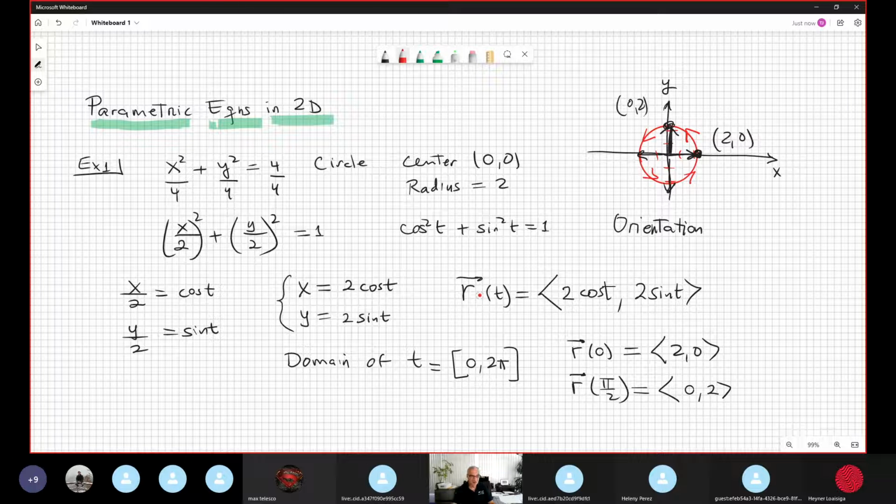The reason I defined this with cosine first is not because I like it, but so you can define it in different orders. You interchange them, so you have 2 sine t, 2 cosine t. Now it's the same curve, of course, but the only thing that changes is the orientation, because in the new vector valued function the components are switched. Now the orientation is clockwise. Do you understand this or no?